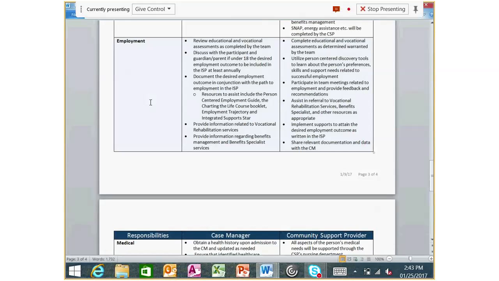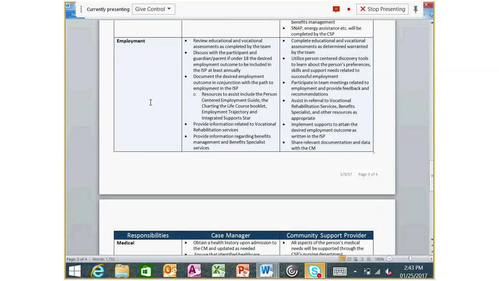then that would be the case manager's role. The CSP's role is really to be completing those educational and vocational assessments as, again, deemed warranted by the team, using those person-centered discovery tools to learn about the person's preferences, skills, and support needs to really promote successful employment, participating in the team meetings, giving feedback and recommendations about what is working and what's not working regarding the person's employment, helping with those referrals to VR services, benefit specialists, and other resources.